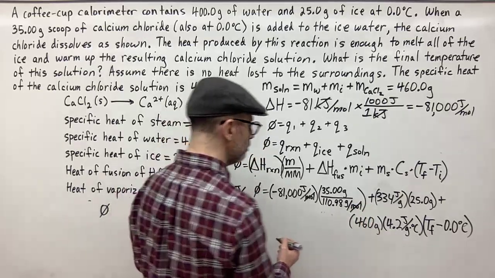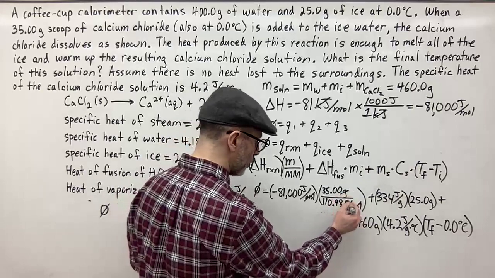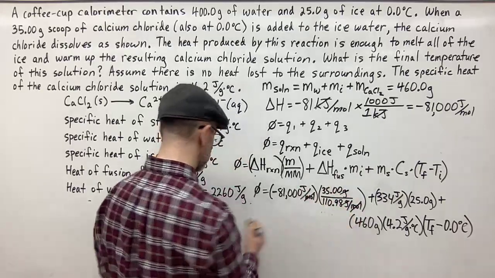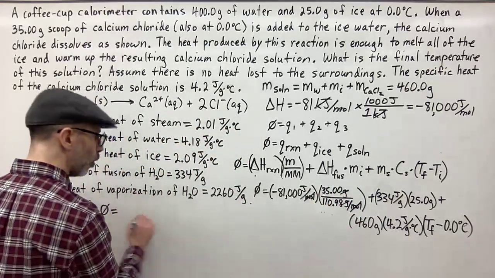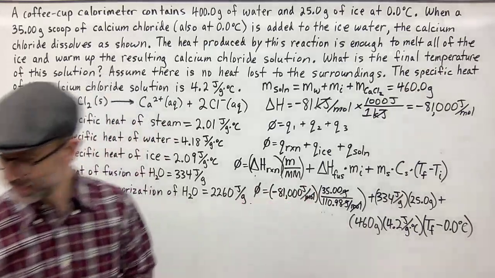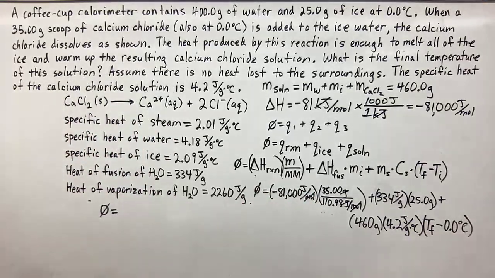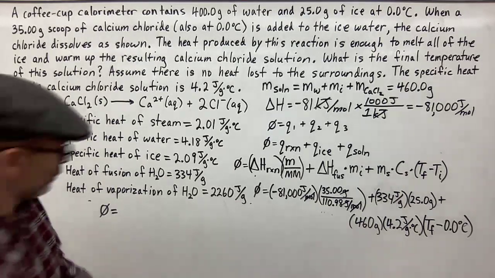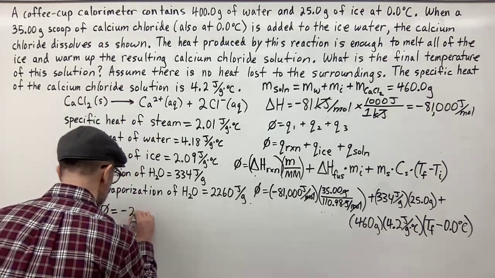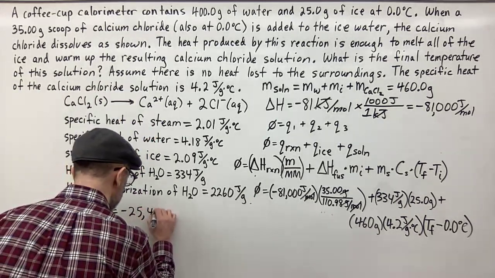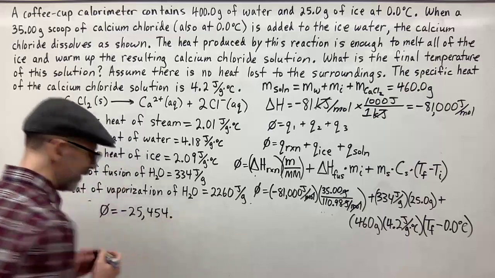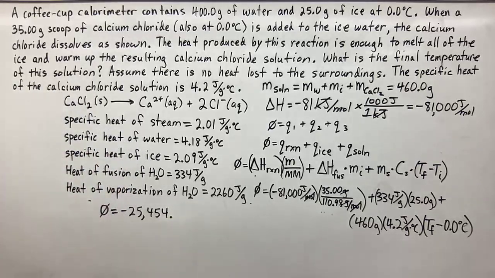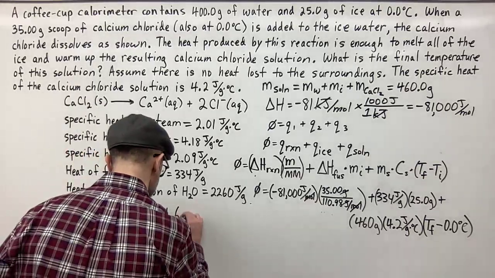And then grams cancels out here and here. So I end up with joules. So when I multiply this together, I get negative 25,454.6 joules.